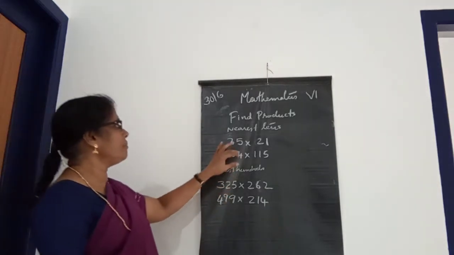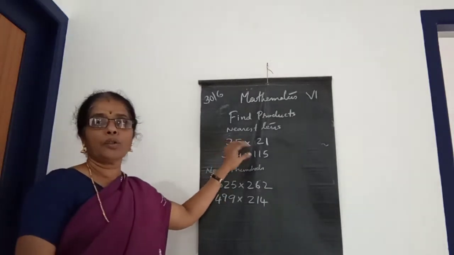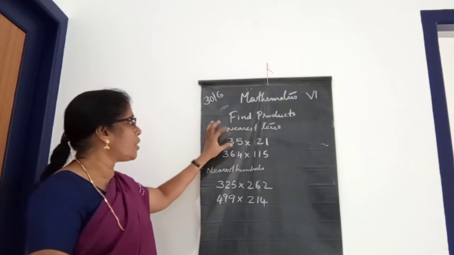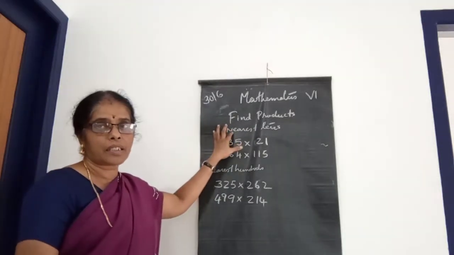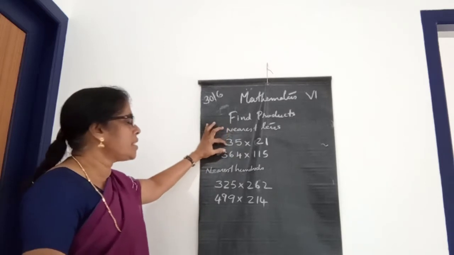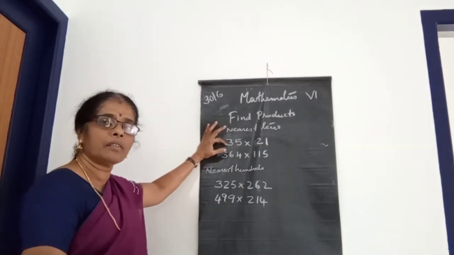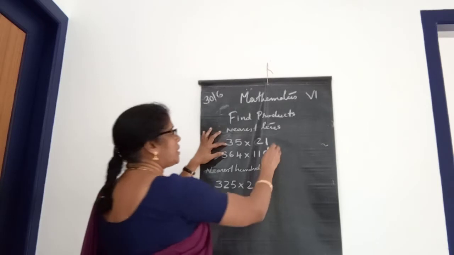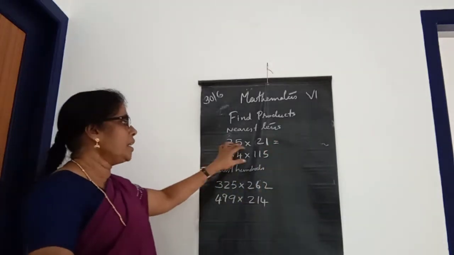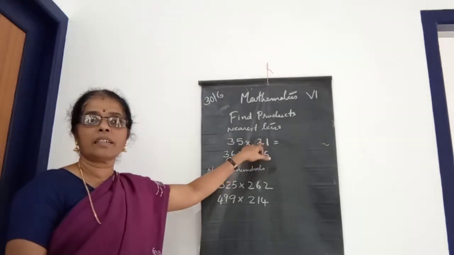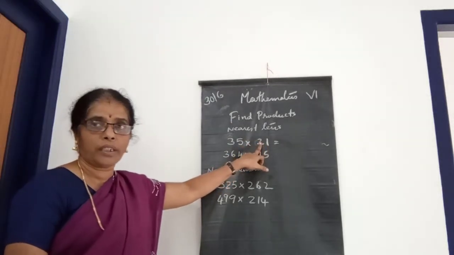Yes, listen here, children. First one, 35 into 21. You have to estimate that by nearest tens. Which one is the nearest tens for 35? That is 40, isn't it? And 21, what is the nearest tens of 21, children? 20, isn't it?